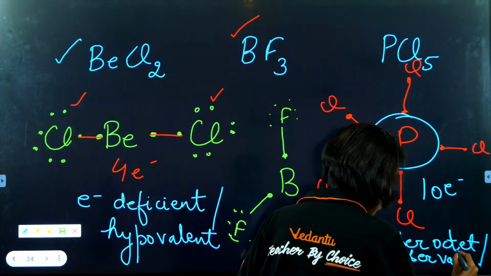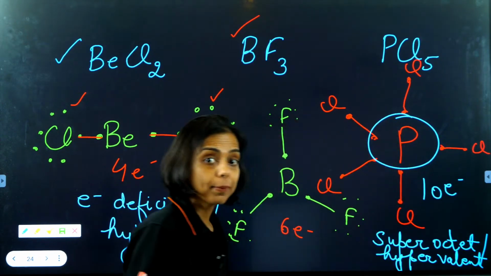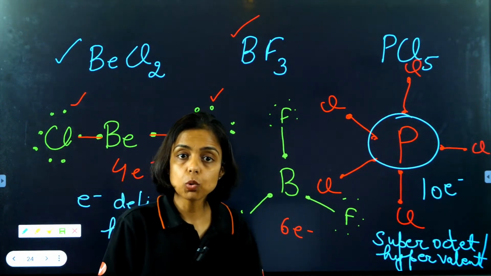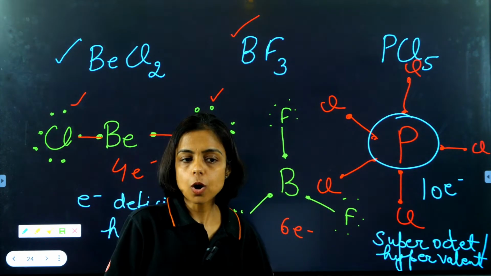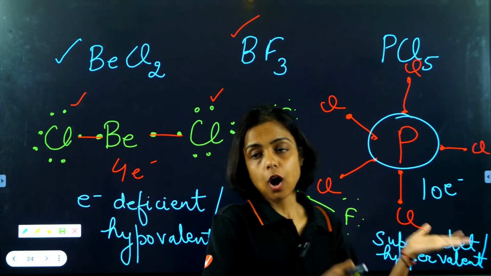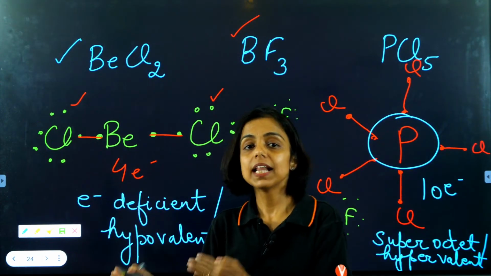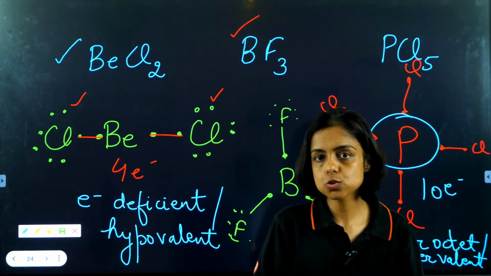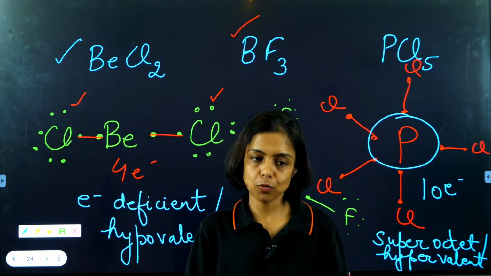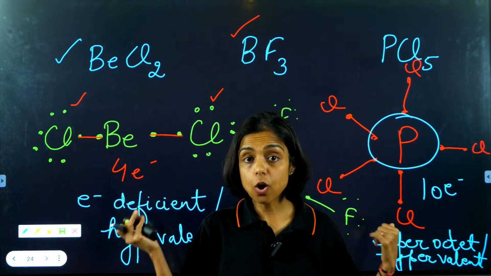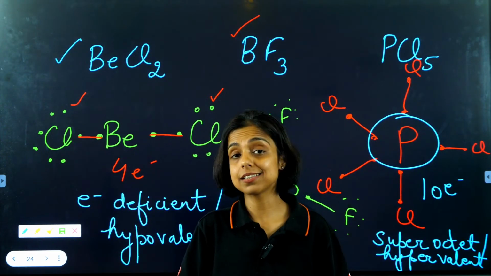Those which have more than 8 electrons are hypervalent, have superoctet, or expanded octet, while molecules with less than 8 electrons are called electron deficient. All of them do exist and they are stable.